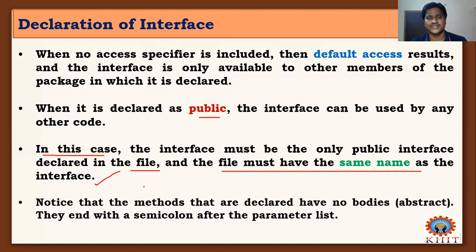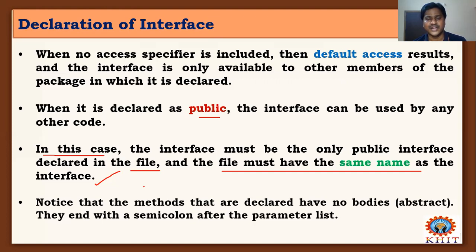And why is this point being discussed here? Sometimes you may create only one interface as public. Then in that program, where we have only one interface, the program name and file name should match.